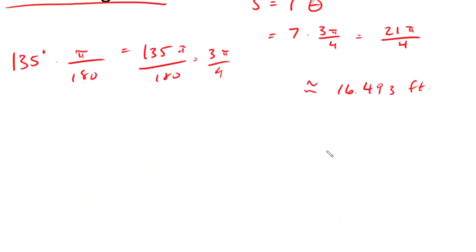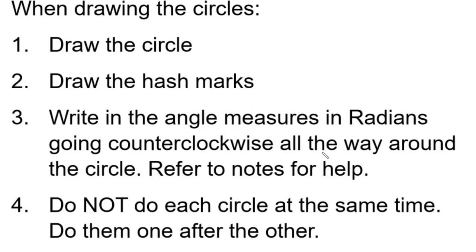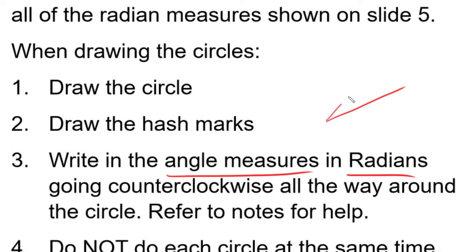On the circles, I want the radian measures of the angles going all the way around the circle. So that is at 30 degrees, 45 degrees, 60 degrees, and then 90 degrees, and then every further 30 degrees, and every further 45 degrees from here.